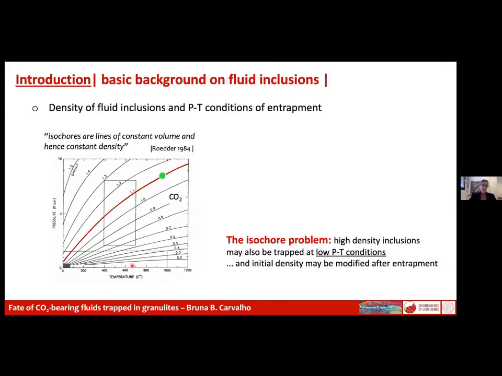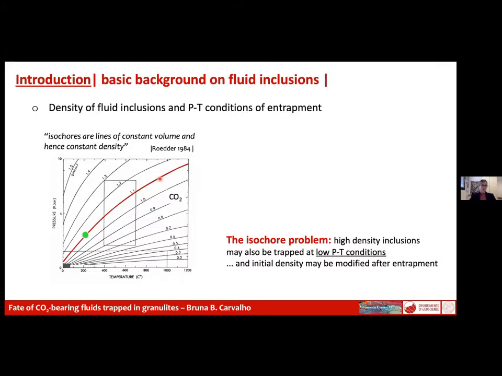If we take this red line, which is the isochore for 1.1 grams per cubic centimeter, we can see that CO2 inclusions that may be trapped at conditions of about 1,000 degrees and almost 9 kilobar have similar densities to inclusions trapped at about 250 degrees and 3 kilobar.